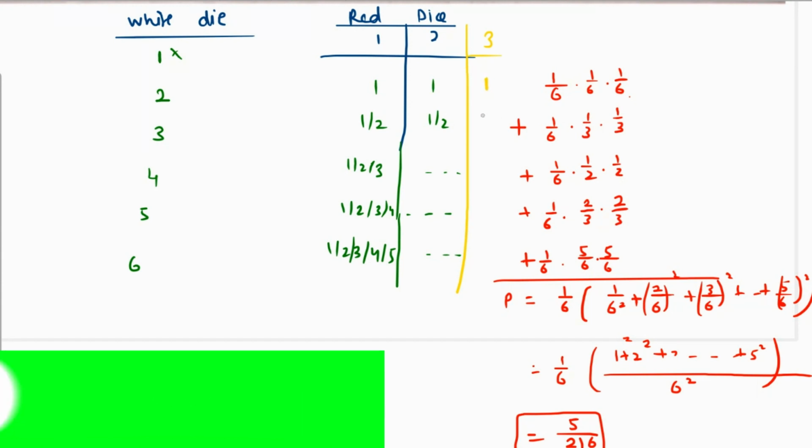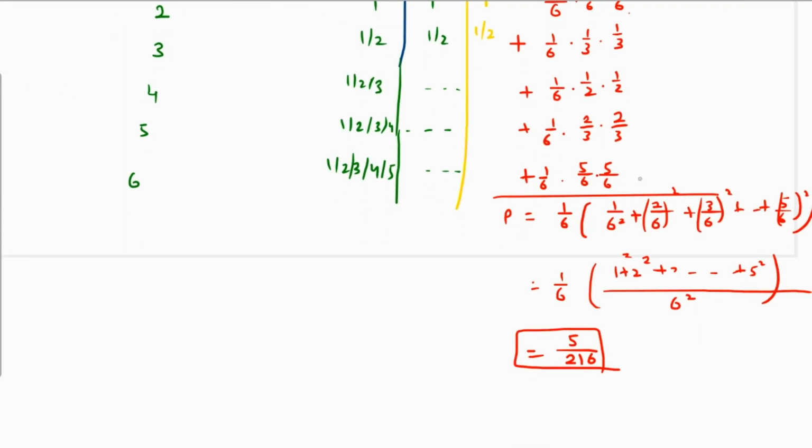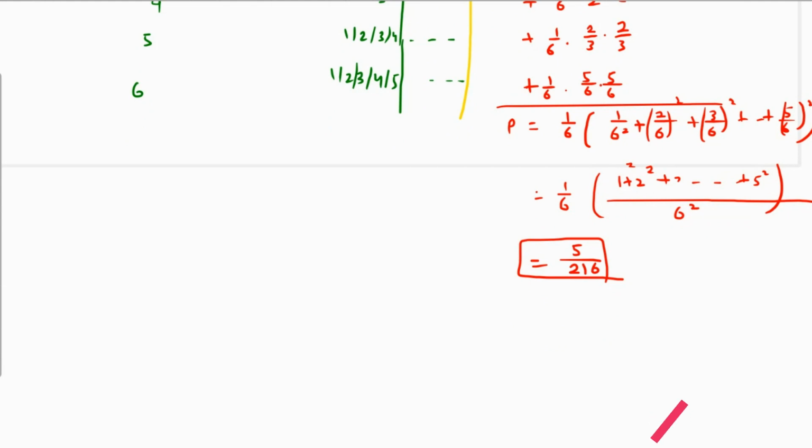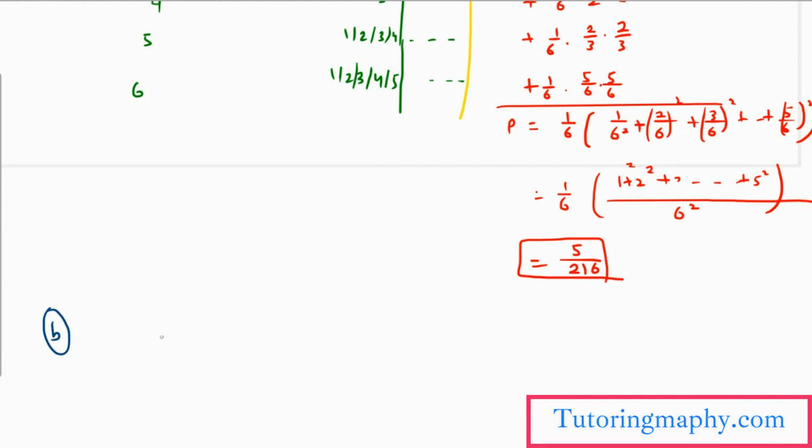So it should have one, and can have one or two, then one or two or three, and so on. So the only difference is, instead of this square, we will have a cube, because that's how it's going to change. So the probability in part B is going to be 1 over 6 times 1 cubed plus 2 cubed plus so on till 5 cubed over 6 cubed.